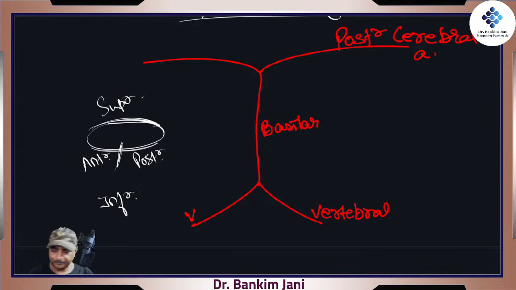So here are the arteries. We are drawing the arteries in white color, just for understanding. The first one is part of the basilar artery. You remember the posterior cerebral artery, but then there was another artery which was coming out.